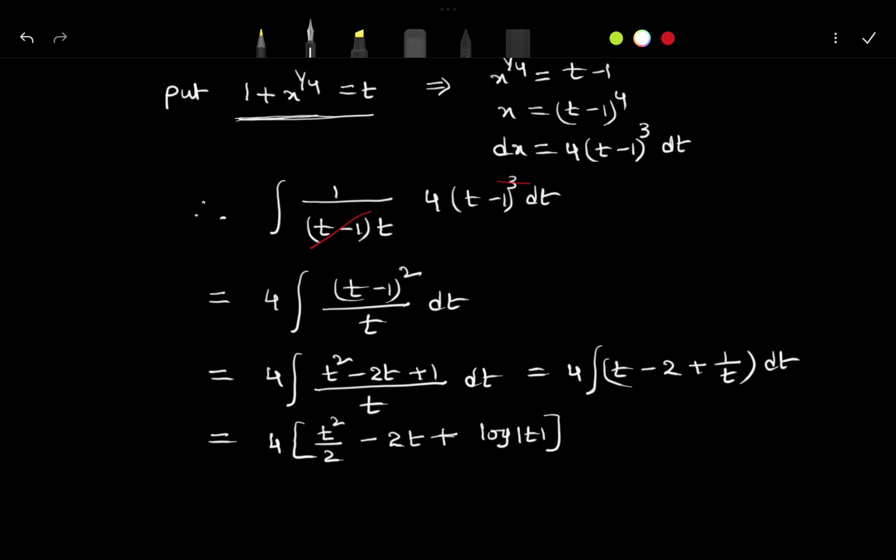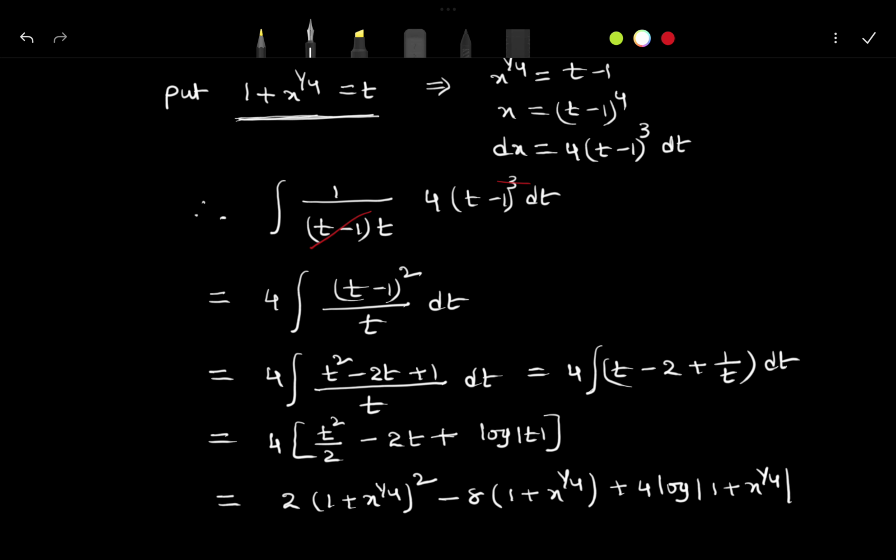Substituting this value, it is equal to 2 into (1 plus x to the power of 1 by 4) whole square, minus 8 into (1 plus x to the power of 1 by 4), plus 4 into log of (1 plus x to the power of 1 by 4) plus c. c is the integral constant. So f of x is equal to this value.